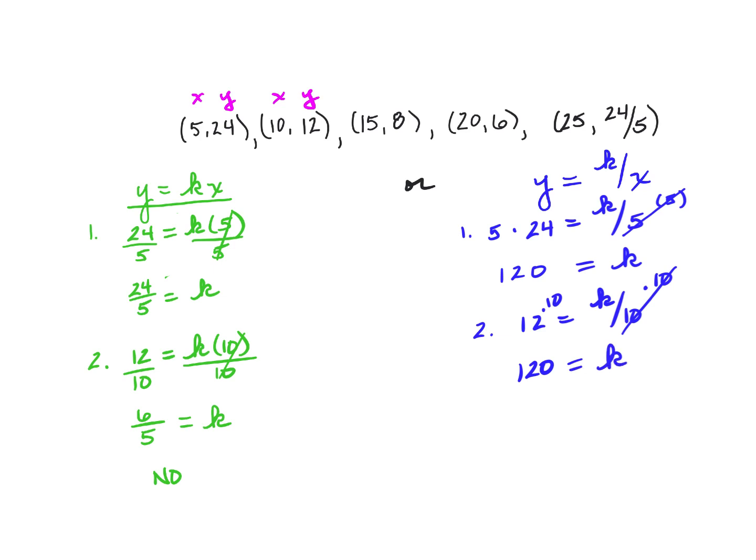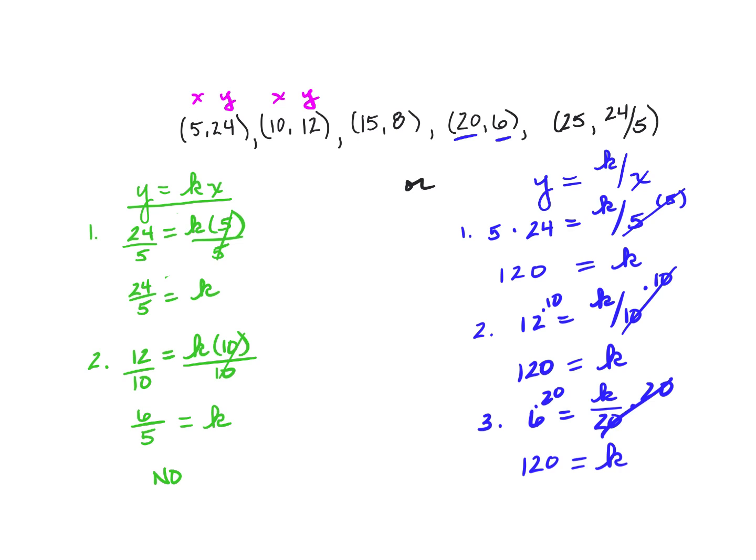And if you still just wanted to check one more time, let's go with 26, just to confirm. So 6 is equal to k over 20. And if I multiply by 20 on both sides, you can check it again in your calculator, but 6 times 20 is indeed 120. So in this case, I'm getting k is 120 every time.